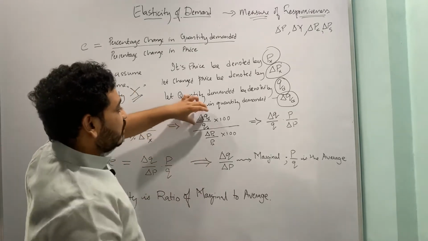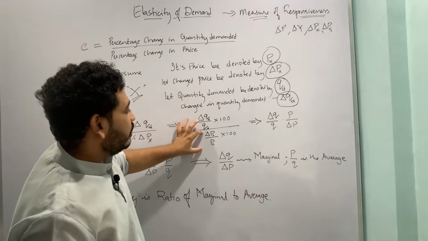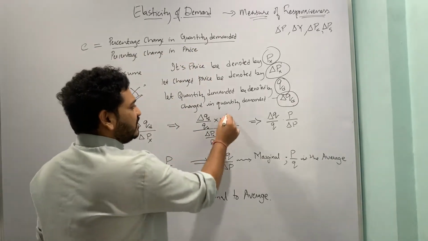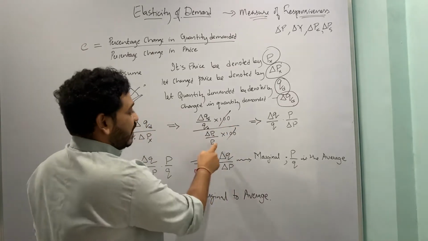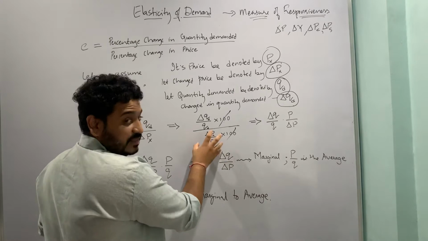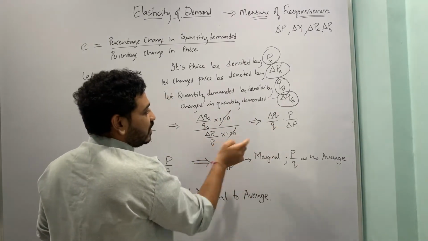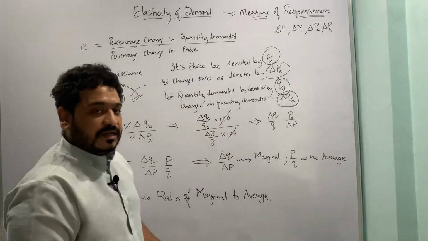So the numerator is the percentage change in quantity demanded, and the denominator is the percentage change in price. Now I can cancel these hundreds out, and when I take this in the numerator it will come in multiplication, and this Px will go up into the numerator, and delta Px will be in the denominator.